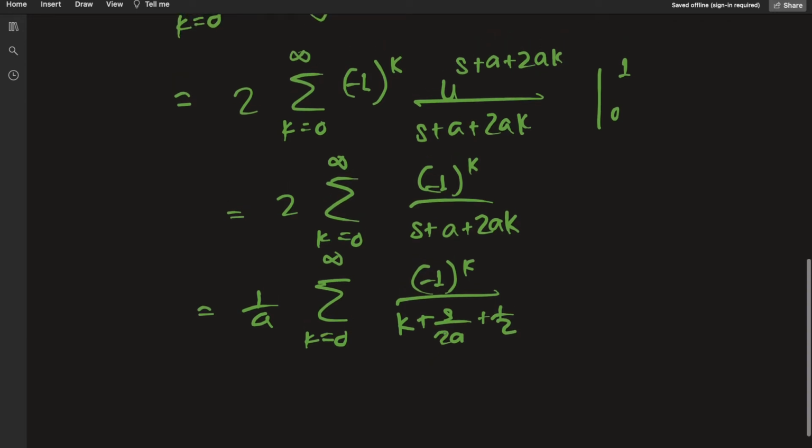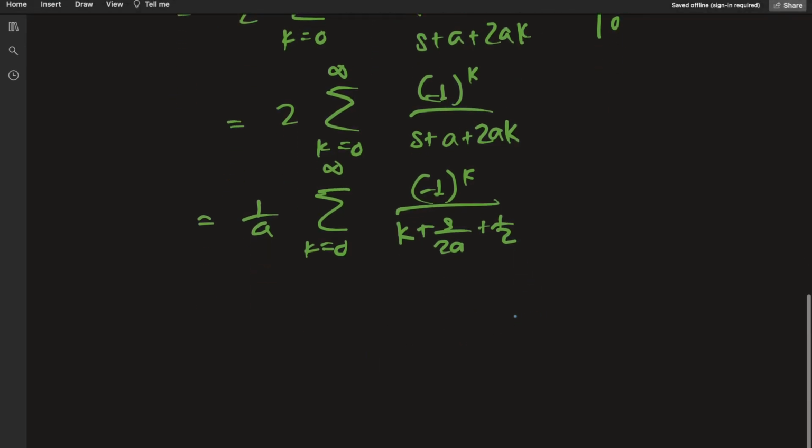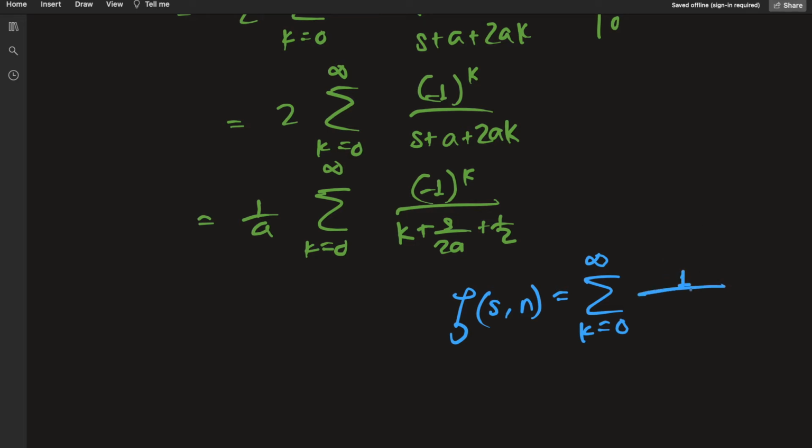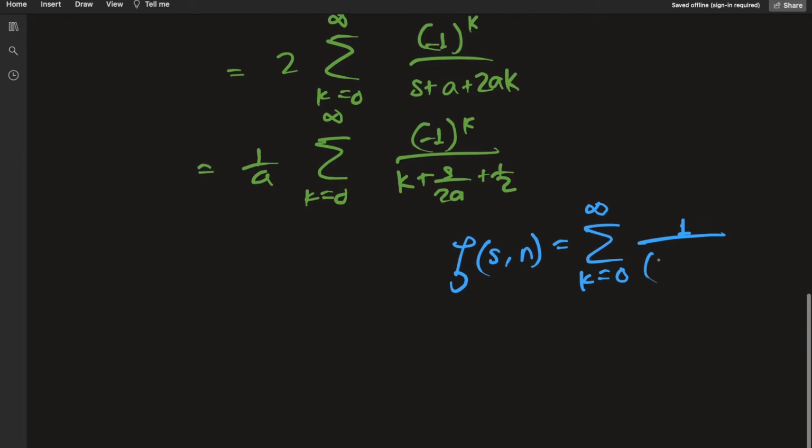Now there is something important that I would like to discuss. Recall that if we wanted to define the Hurwitz zeta, for example, of, I don't know, s n, that would be sum from k equals 0 to infinity of, let's see, 1 over k plus n raised to the s power.